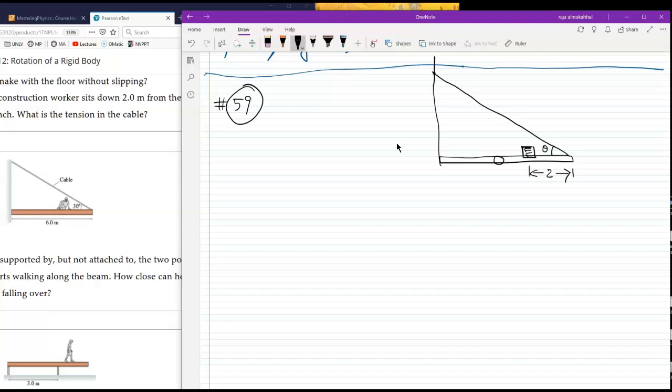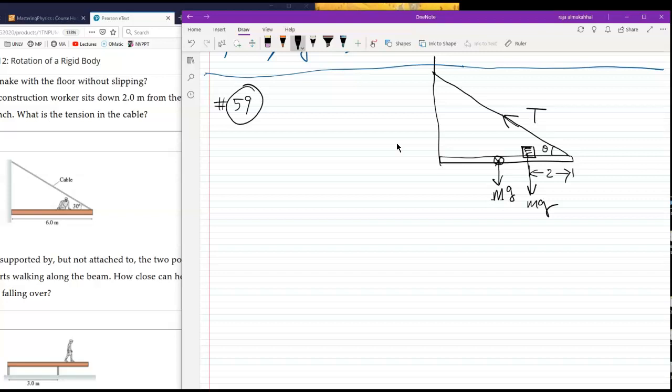And then we have the weight of the beam. I'm going to call it big mg. And then you have the weight of the worker, a small mg. Okay? And then, of course, we have tension in the cable, T. I don't know the angle here, but here is a question.